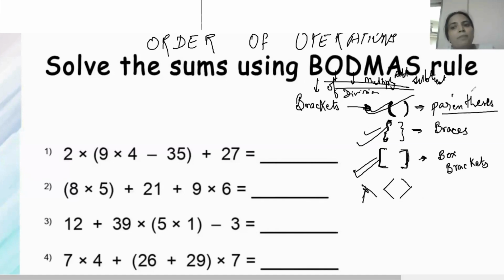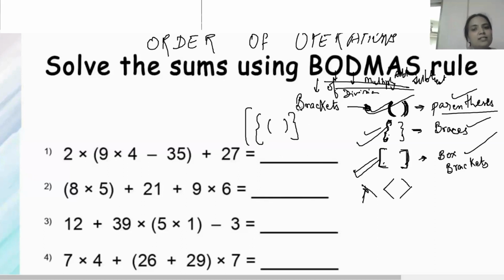So parentheses, braces, and box brackets you will be solving. And always remember, parentheses are the smallest, the innermost ones. Then you put braces and then you put box brackets. So in the order you will draw it like this, then this, and then this. Understood? Whenever you see this order, you always first solve the smallest bracket, which is parentheses.